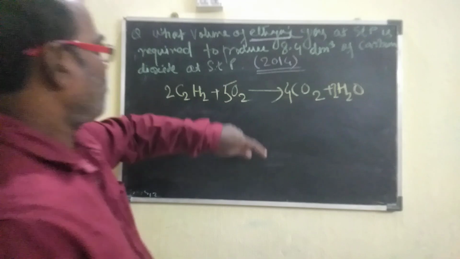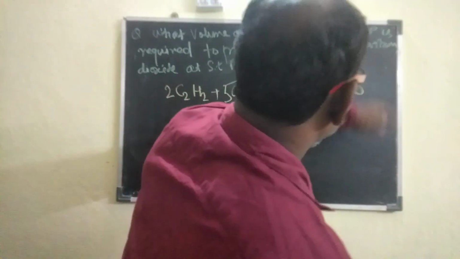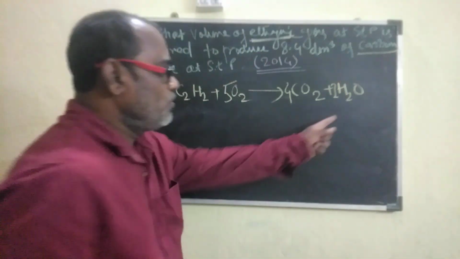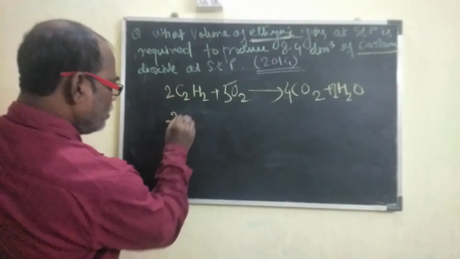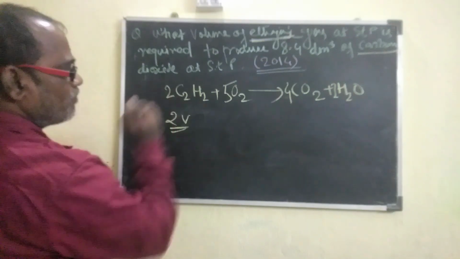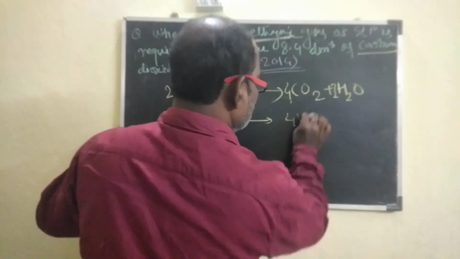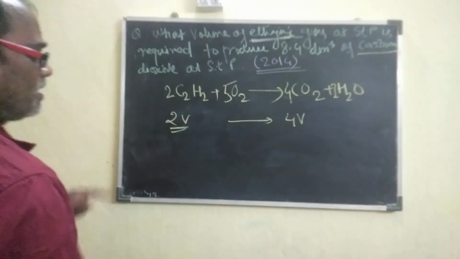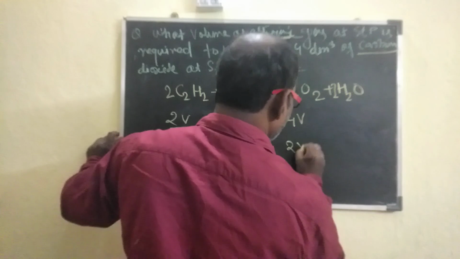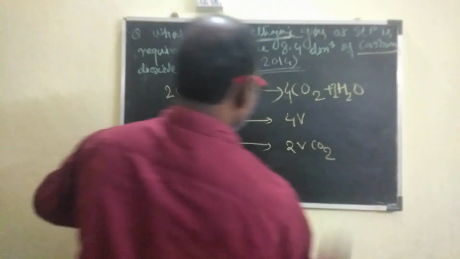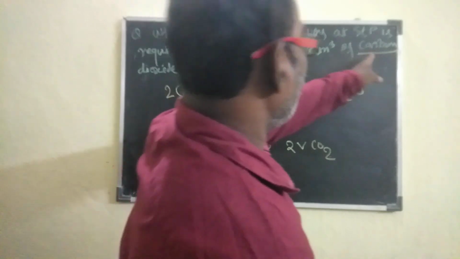Now here they have asked you the relation between ethyne and carbon dioxide. So using Gay-Lussac's law, what we know is that two volumes of ethyne produce 4 volumes of carbon dioxide. That means one volume will produce 2 volumes of carbon dioxide.